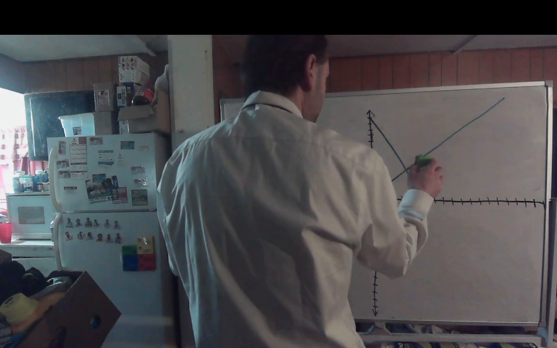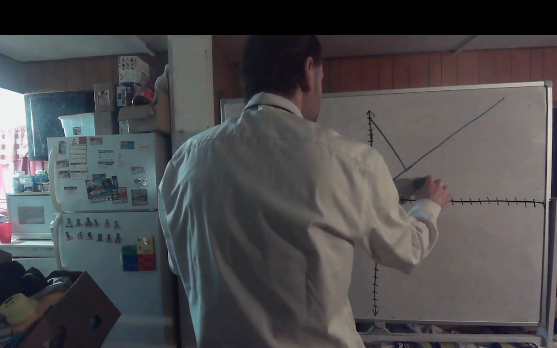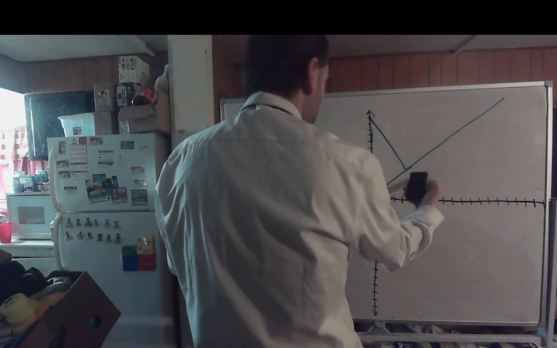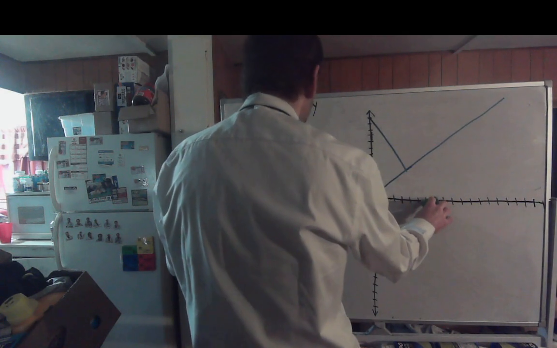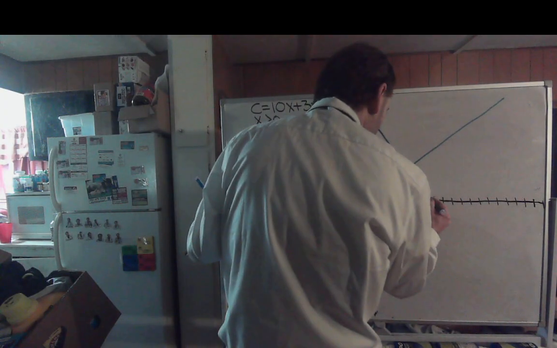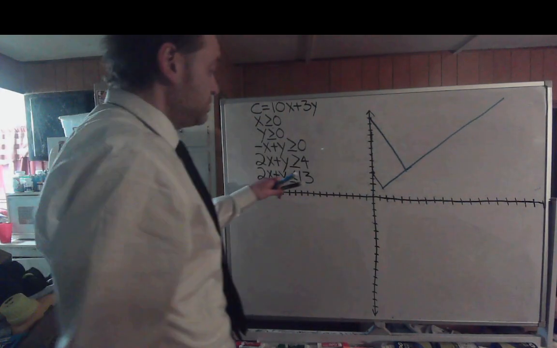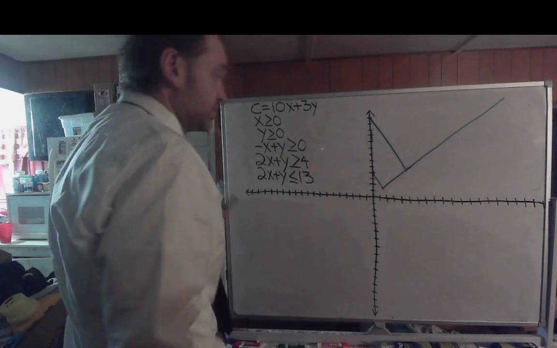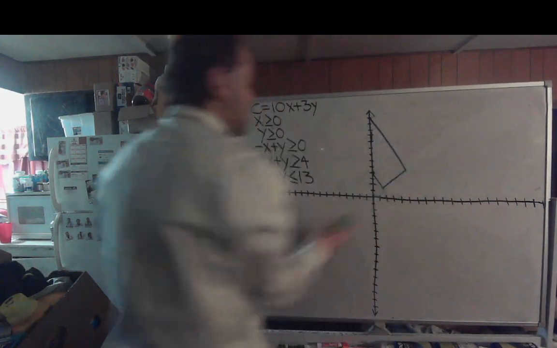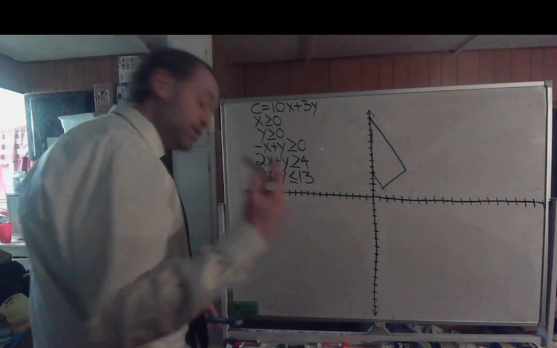So you're going to definitely go ahead and erase everything below the negative x plus y greater than or equal to 0, because you don't care about that value. And you're going to stay below 2x plus y is less than or equal to 13, so you can actually erase this whole part of negative x plus y is greater than or equal to 0. So there's your region. There's your entire region.